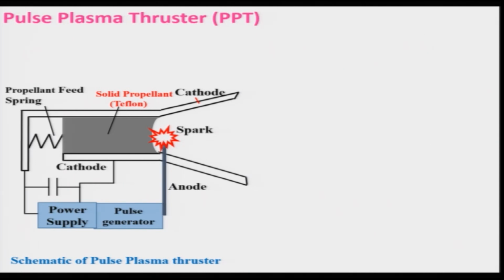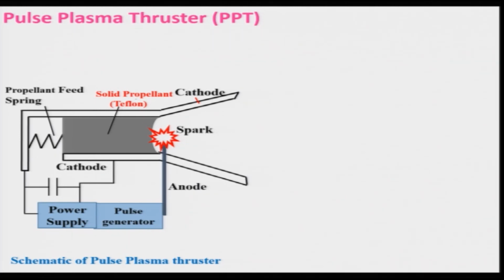When the anode and cathode are subjected to a pulsed high voltage, a spark is produced, and this spark penetrates into the solid propellant, Teflon. This is not a gaseous propellant but a solid propellant, and it will be eroded, producing the plasma, which will be accelerated.